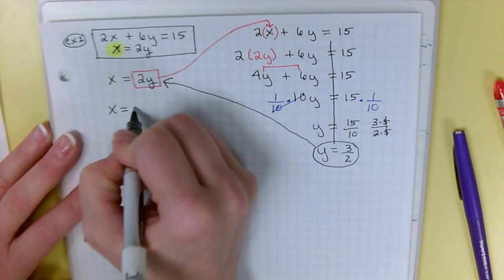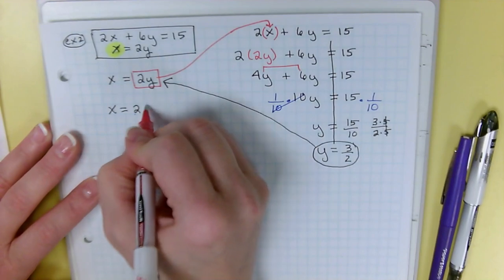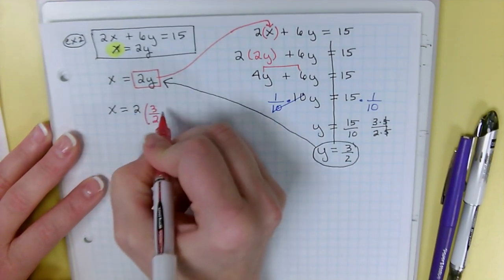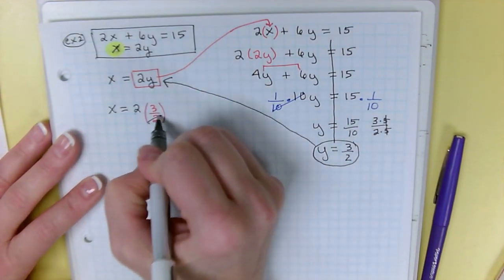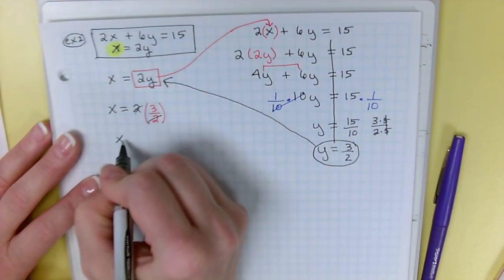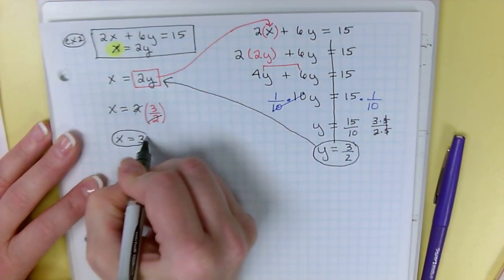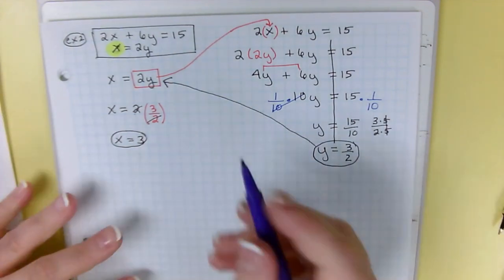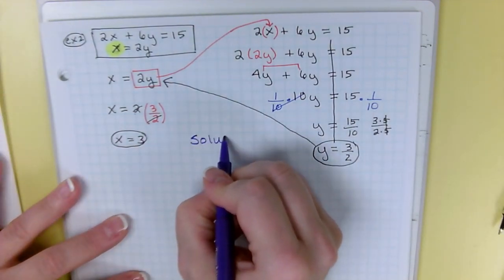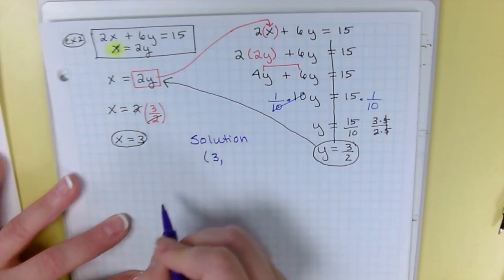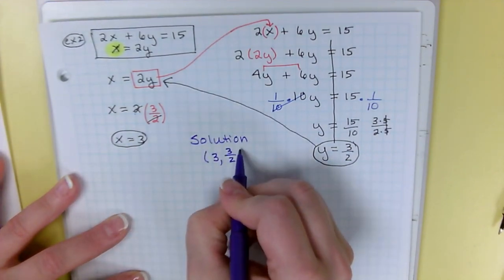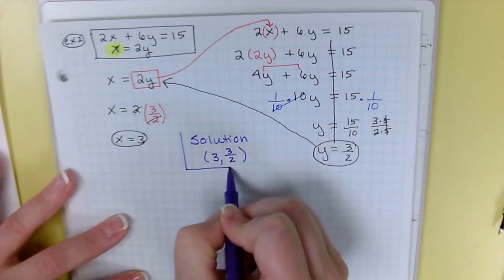So x equals 2 and replace y. So times 3/2. Nicely enough, the 2's cancel. We get x equals 3. So our solution is the ordered pair, 3 for the x, 3/2 for the y.